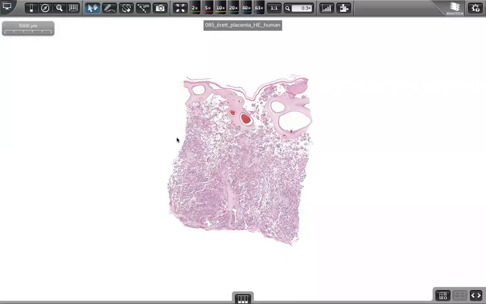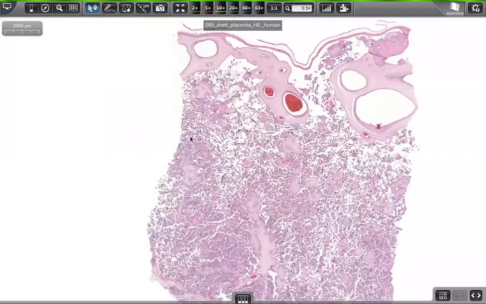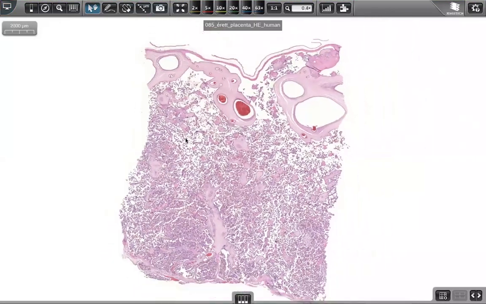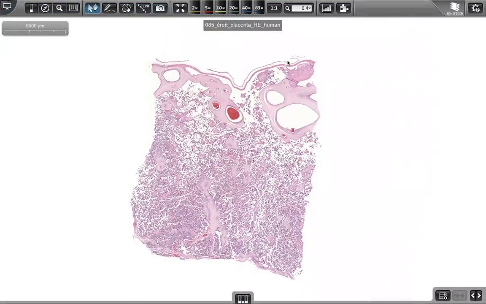So it's a fully matured placenta having 2 sides. Here we have this side showing these big lumens. That's the fetal side. And here we have the maternal side, connecting directly to the uterine wall, the endometrium.